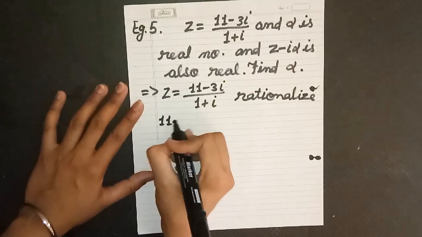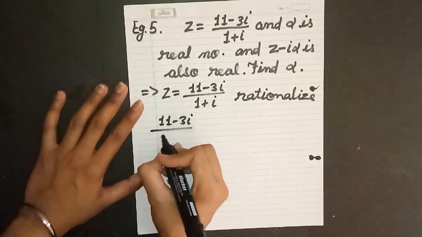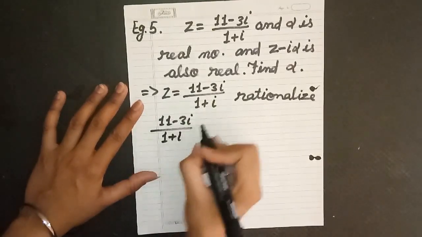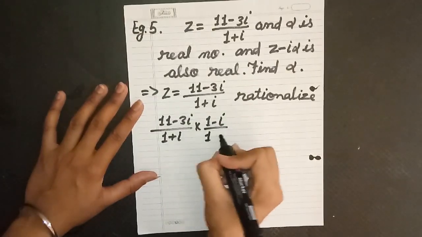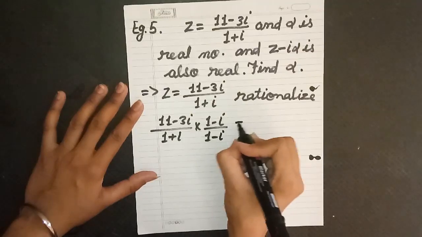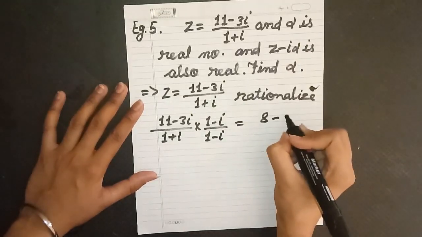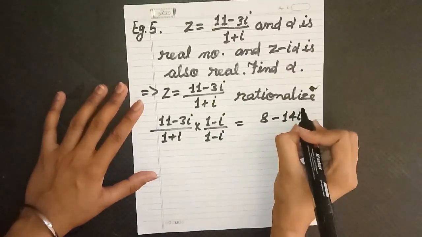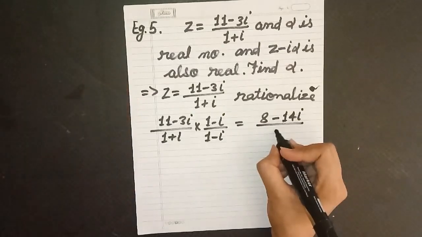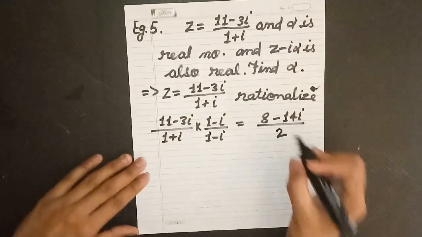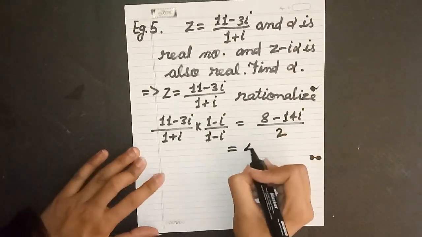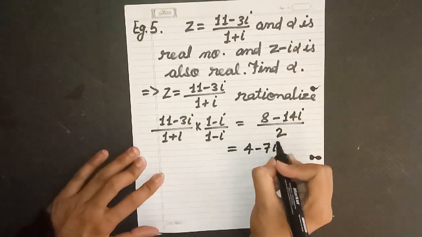We will multiply the denominator by changing its sign. Got it? We will get the answer, that is equal to 8 minus 14 iota by 2. Got it? So this will be equal to 4 minus 7 iota.